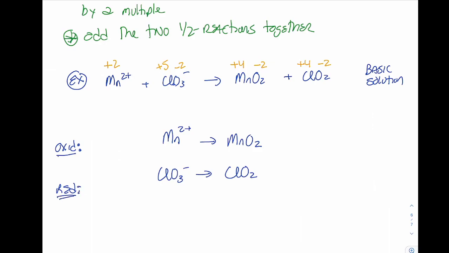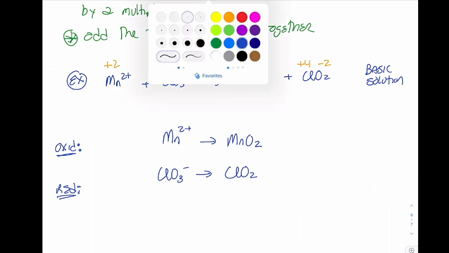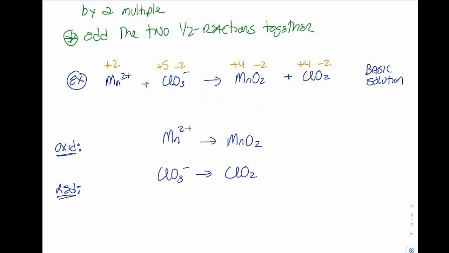And actually, let's take a look at this. I didn't do this on the last one. But remember we said that our number of electrons gained has to equal those that are lost. So manganese here, right? I'm going from +2 to +4. So we actually lost 2 electrons.